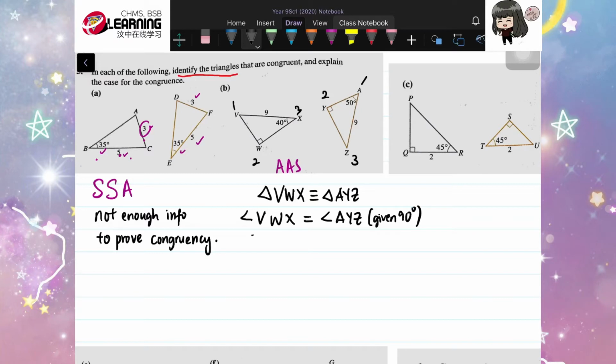And the next one is also angle, so angle of VXW is equal to angle of AZY.